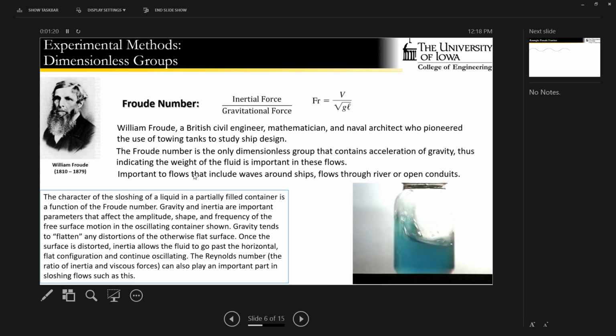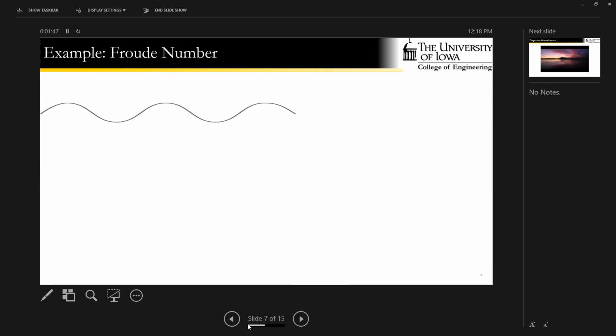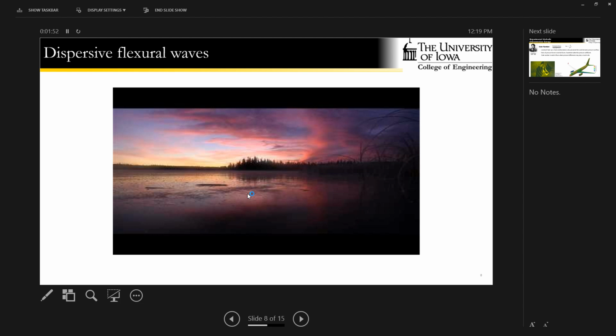The Froude number, like I mentioned, is a balance of inertial to gravitational force, and these can be thought of as the two components that are important to the propagation of waves. There's a really cool little example that we're not going to have time to do, but we can show through the dimensional analysis we've covered so far that there's a behavior of waves known as dispersion.